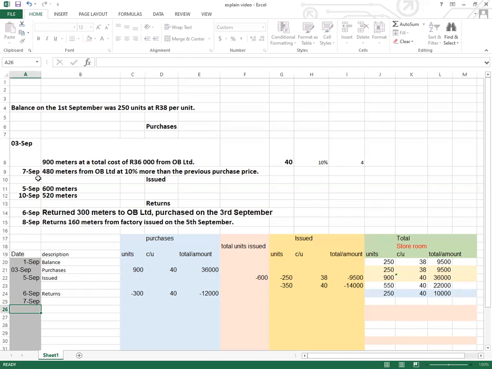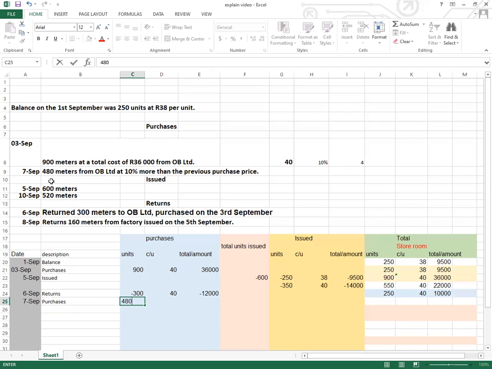Then on 7 September, guys, let's see, on 7th September is purchases. Ne? We purchased how many units? Purchased 480 units. Ne? At how much, guys?